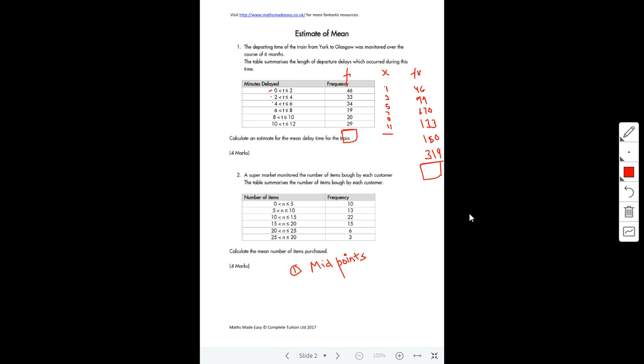Tell me when you add all the fx together, what's the value that you get? 46 plus 99 plus 6 plus 170 and so on.